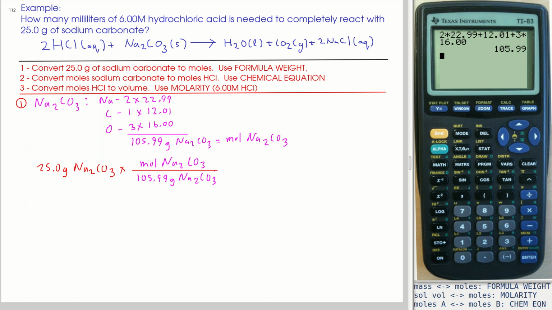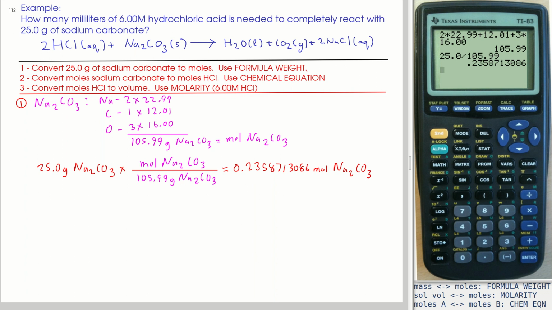So let's put this in our calculator. 25 divided by 105.99, that gives us 0.2358713086, and that is moles of sodium carbonate.